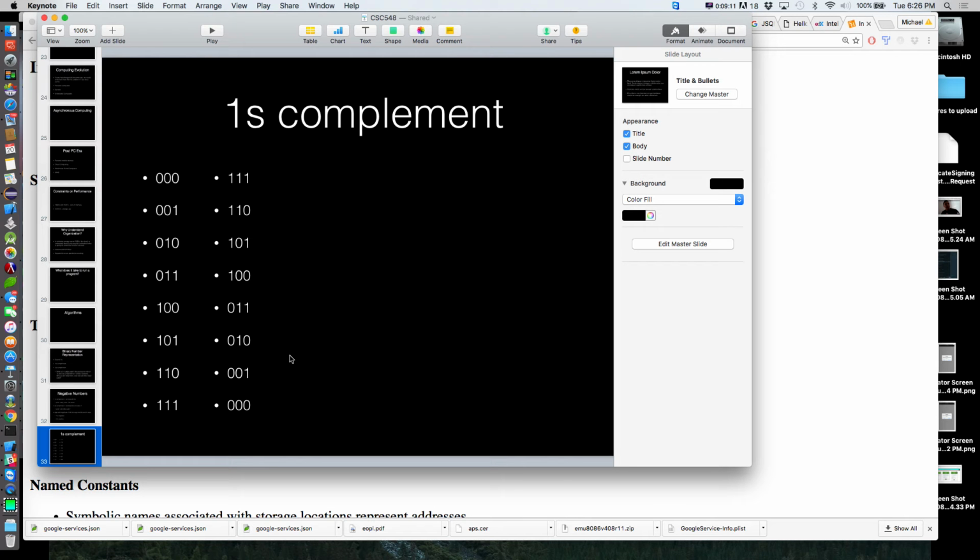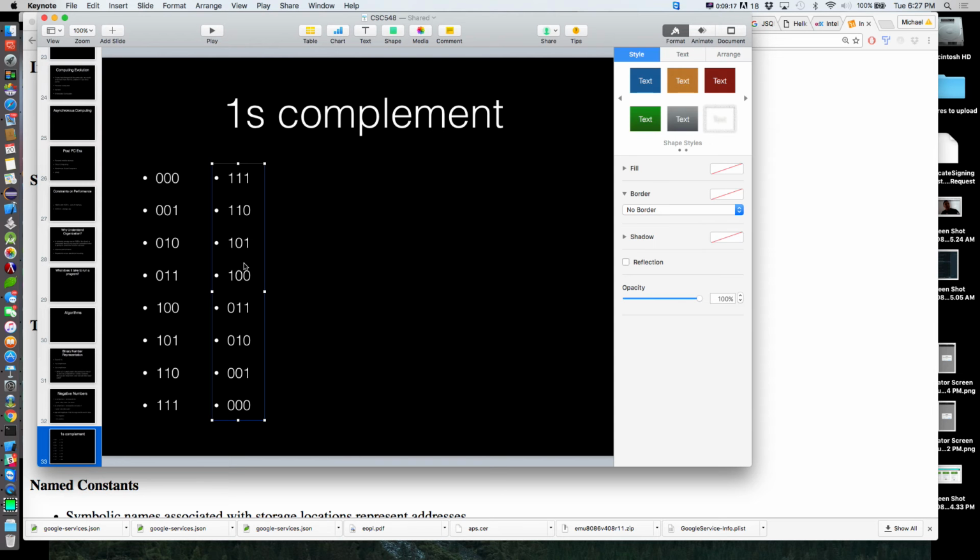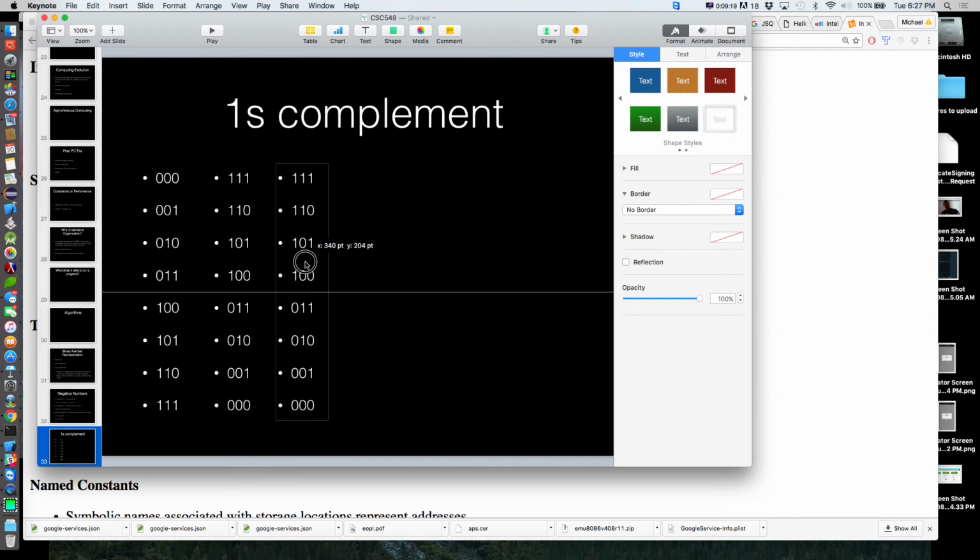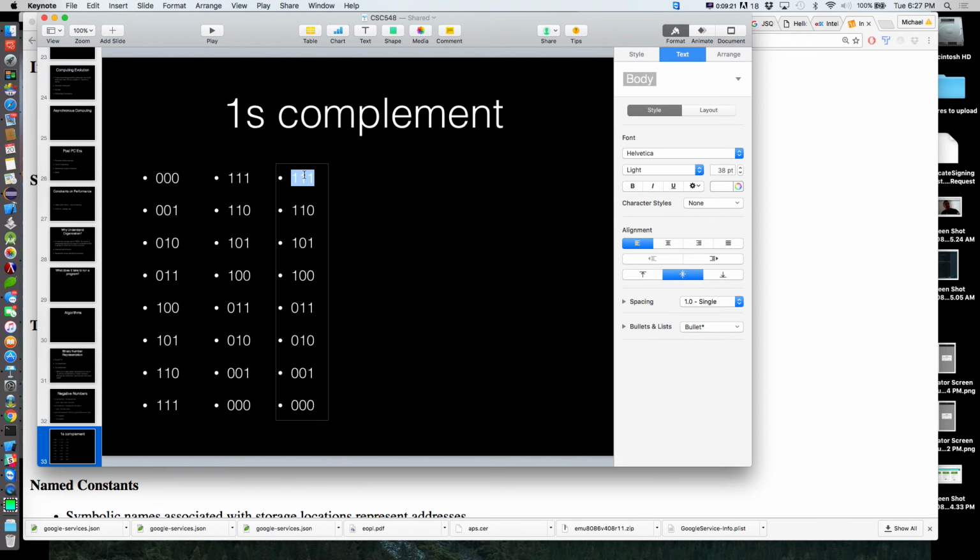Now we need to assign values to these to see how do we represent our negative numbers using this system. So I'm going to steal this guy. All right, so we're going to call this guy -0. This guy is, how do I want to do this? Is this even going to look right when it's done?